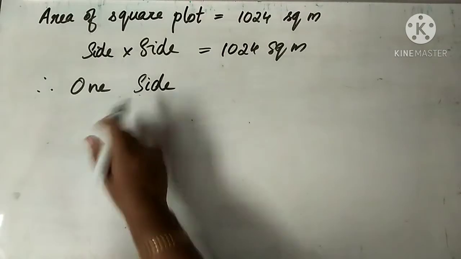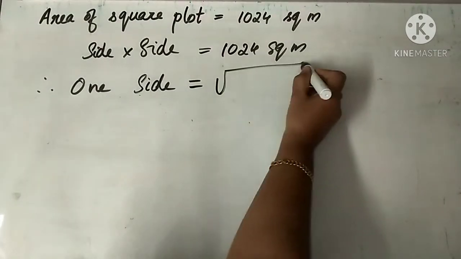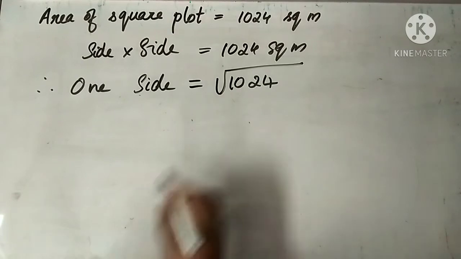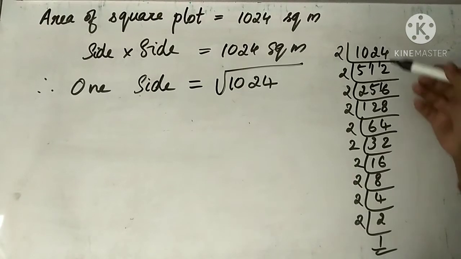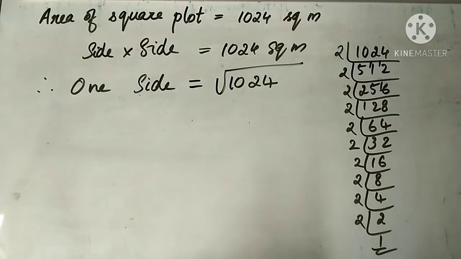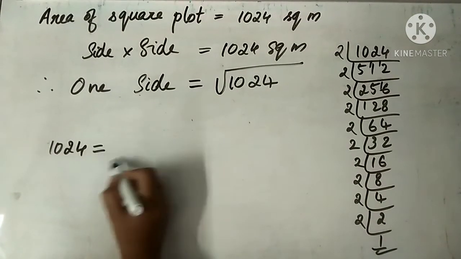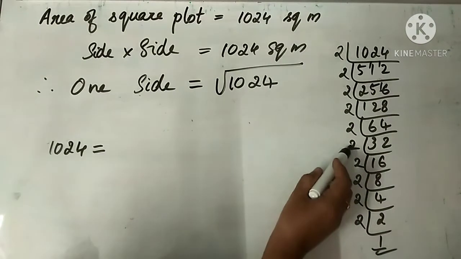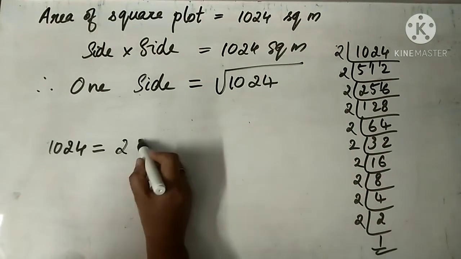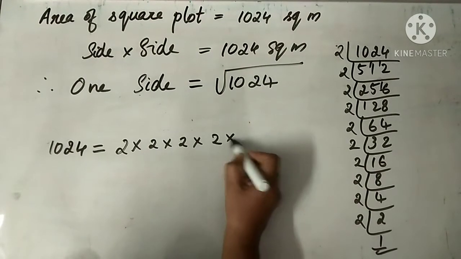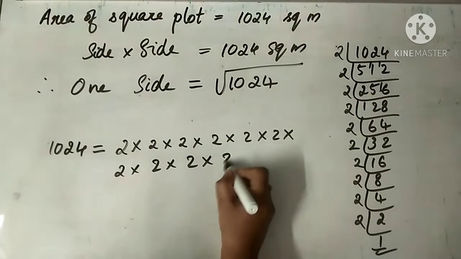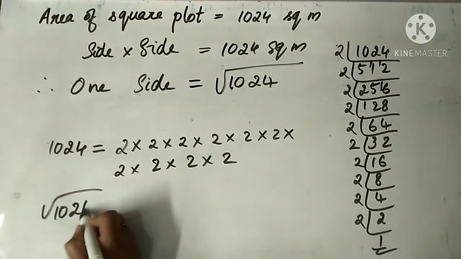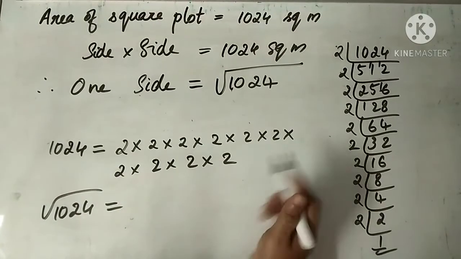So one side is equal to the square root of 1024. How will we find the square root of 1024? We can find it by factorizing 1024. When we factorize 1024, we get like this. So 1024 is equal to how many 2's? 1, 2, 3, 4, 5, 6, 7, 8, 9, 10. 10 2's. So the square root of 1024 is equal to, we can pair and take 1 each.